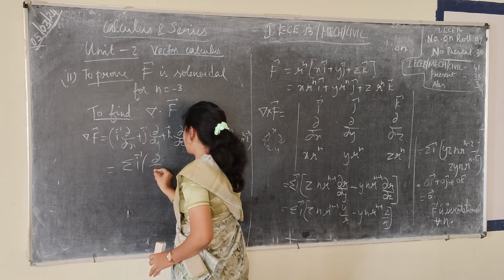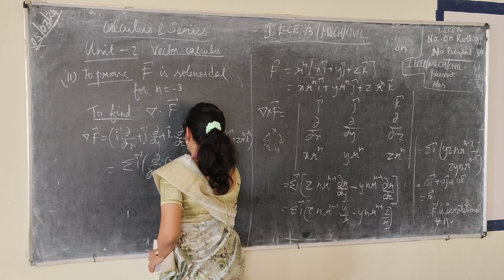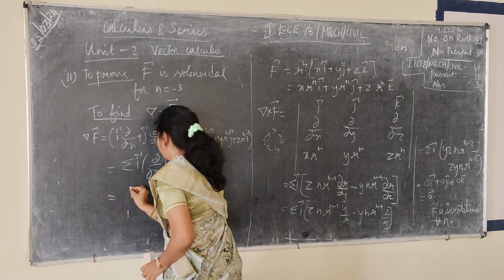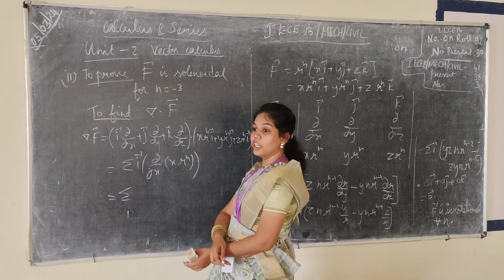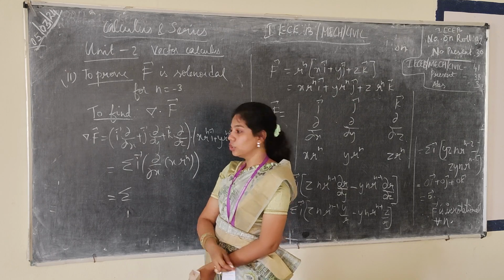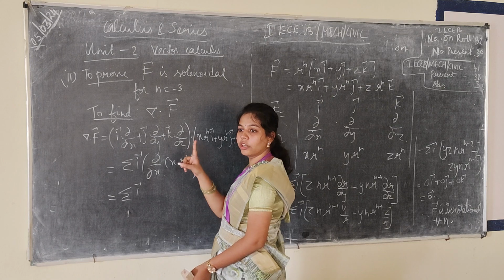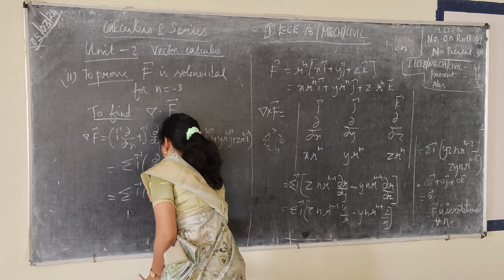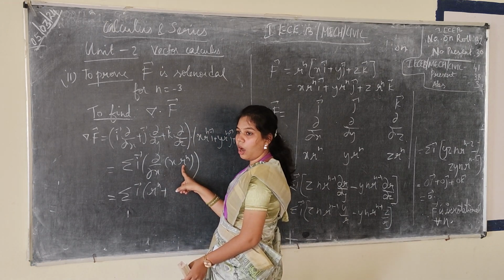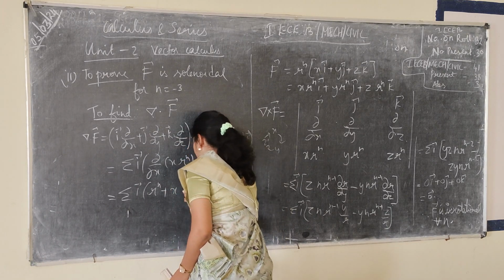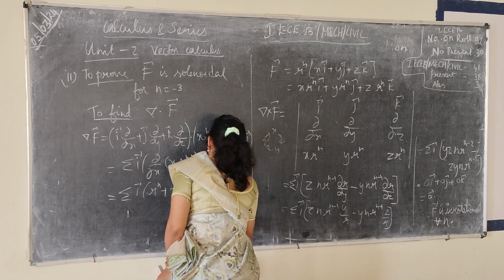So dou by dou x of x into r power n. What do you get on differentiation? It is of the form UV. First I am going to differentiate with respect to x, so you will get 1 into r power n, plus differentiating with respect to r, x into n into r power n minus 1 dou r by dou x.